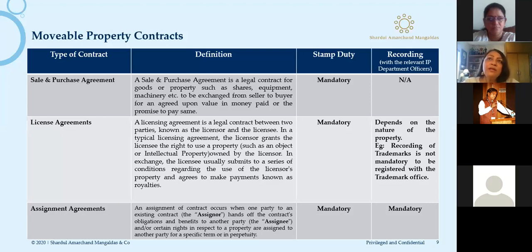But the beauty with intangibles, as also with even tangibles, is that you can even retain rights.